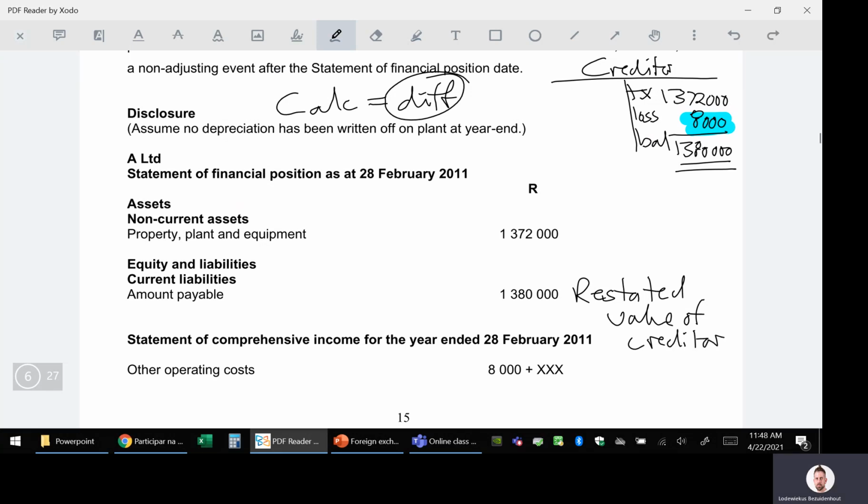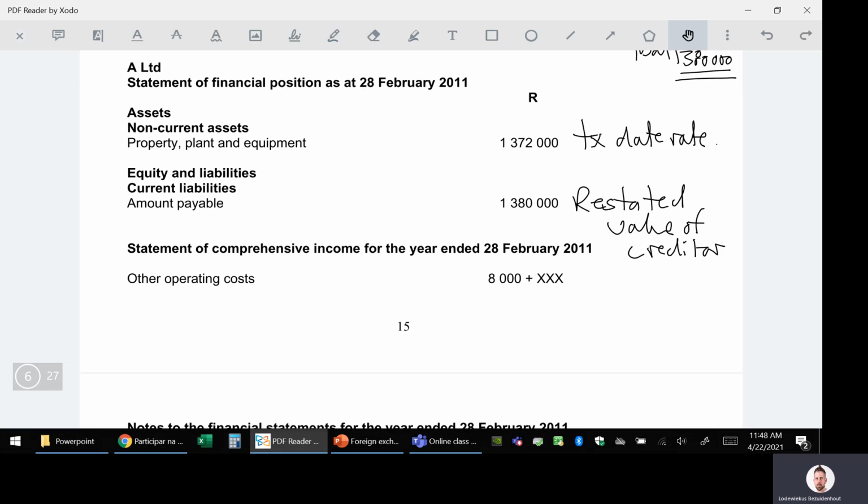All right, and then property, plant and equipment is only at the transaction date, right? That doesn't change. For instance, in this question, we would have had depreciation, because remember, we will combine foreign exchange and property, plant and equipment as one question, as a combination question. Operating cost, that 8,000 is in the statement of comprehensive income, and that is our foreign exchange loss.